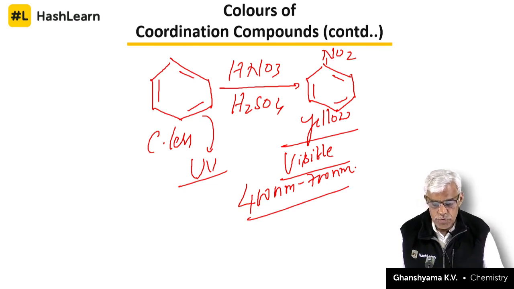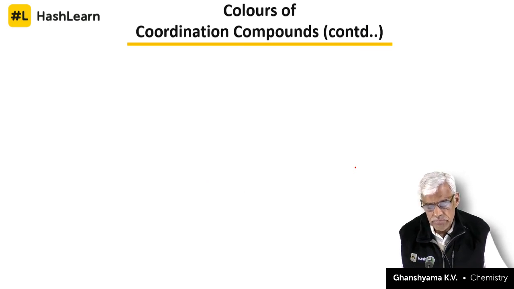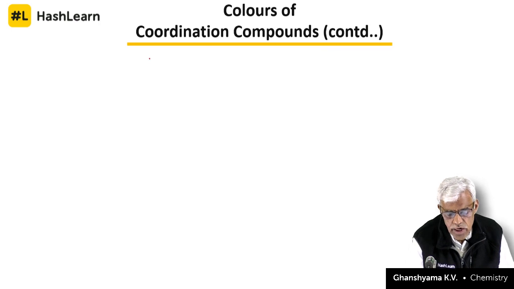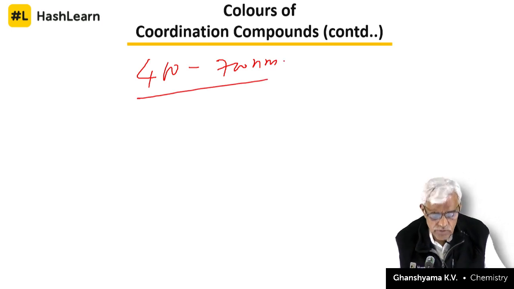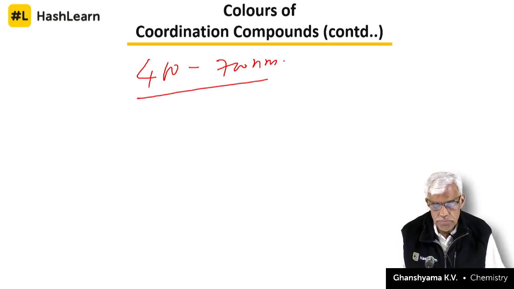What happens with this visible light? So 400 to 700, this wavelength is not a very strong energy.